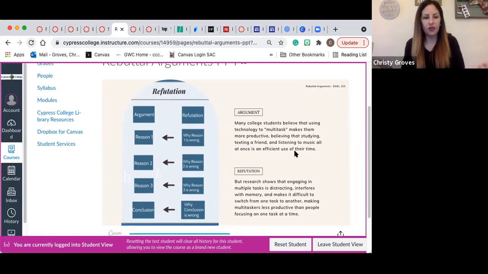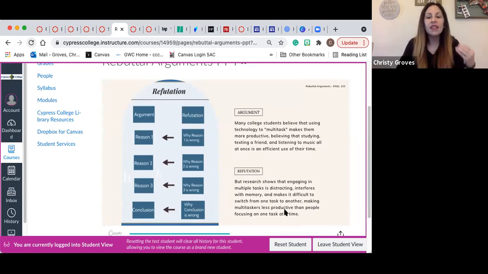However, here is the refutation. But research shows that engaging in multiple tasks is distracting, interferes with memory and makes it difficult to switch from one task to the other, making multitaskers less productive overall than people focusing on one task at a time.